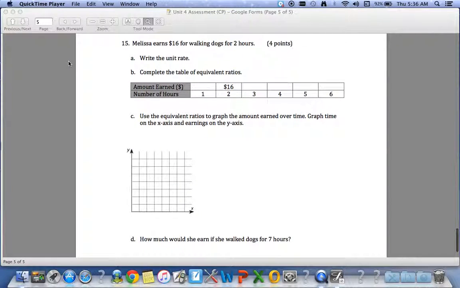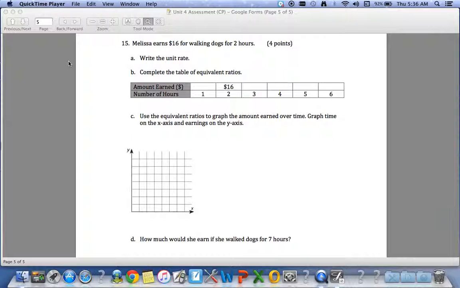Number 15. Melissa earned $16 for walking dogs for 2 hours. Write the unit rate. For B, complete the table of the equivalent ratios of the amount earned and the number of hours. For C, use the equivalent ratios to graph the amount earned over the time.